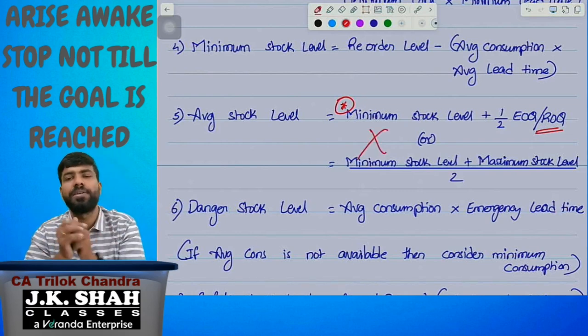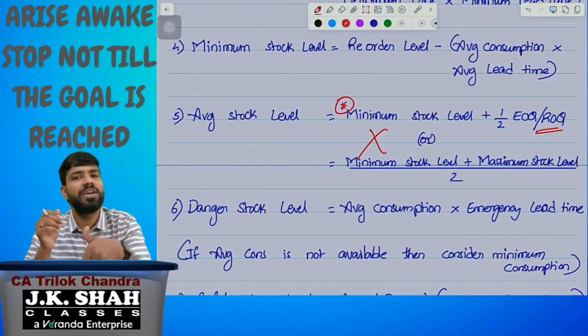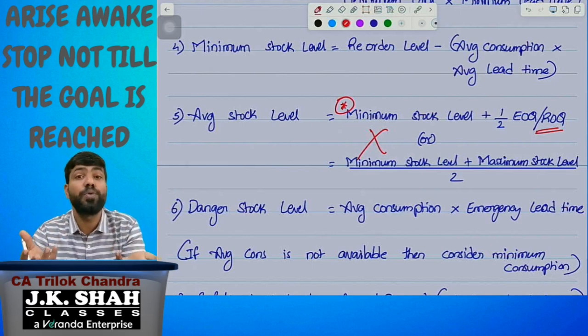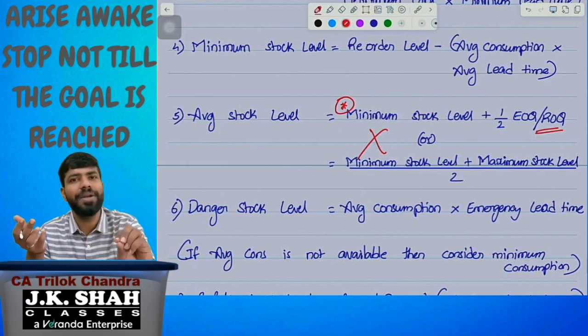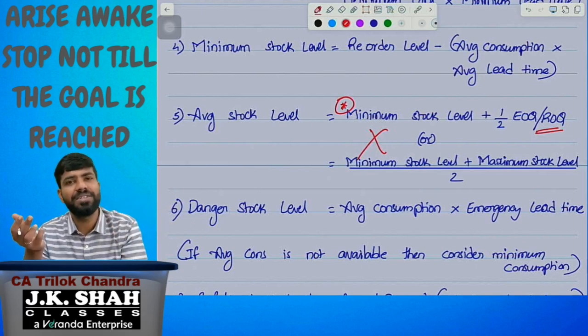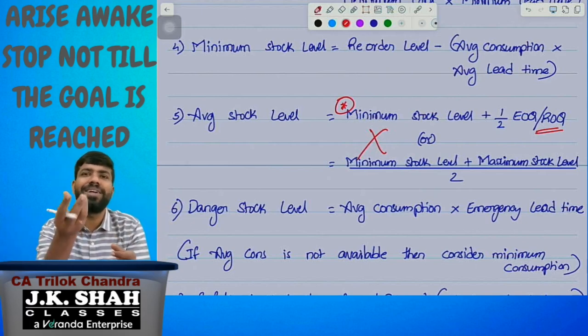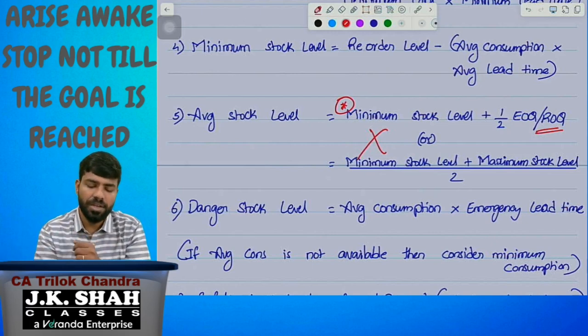The answer will be different because these are not proved formulas. They are generalized formulas. Don't get panic. But in examination, I am telling you it's recommended to write both. We don't know what solution they are going to take. It will take hardly 30 seconds to write one more alternative.